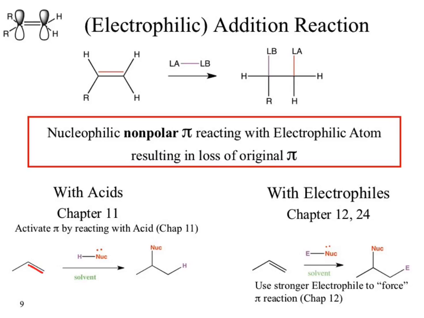Our pi bond acts as a nucleophile and reacts with what in that first reaction? Sorry, a base reacts with the hydrogen. What charge was the hydrogen? Okay. If we look at the second reaction, our pi bond acts as an electron source and reacts with the electrophile, which is what charge?